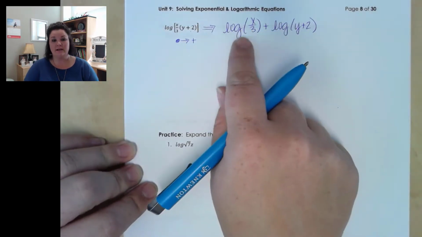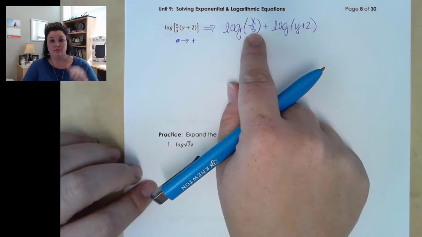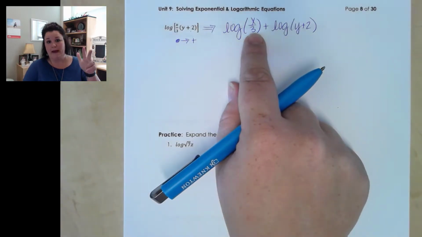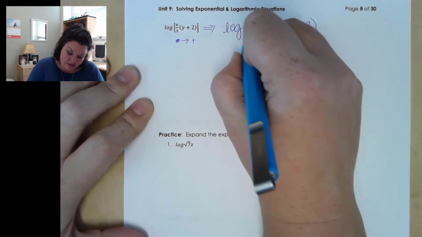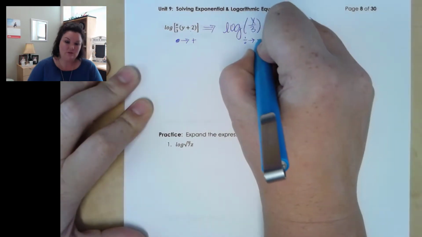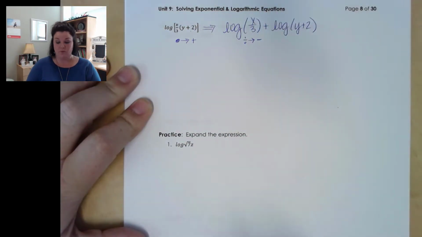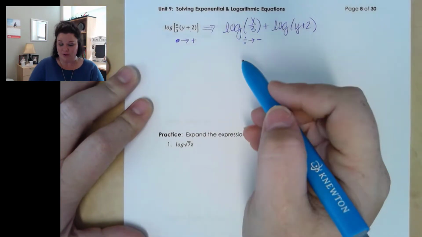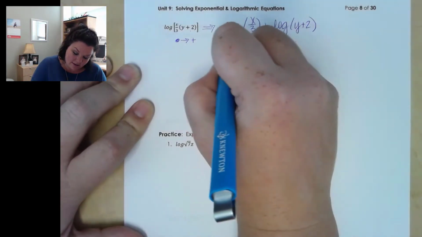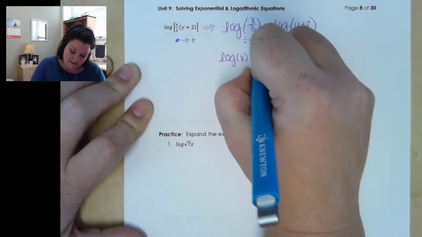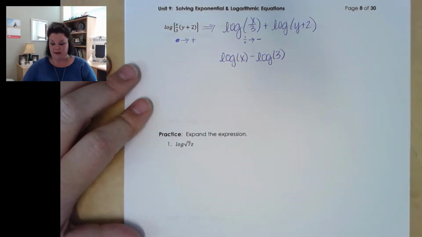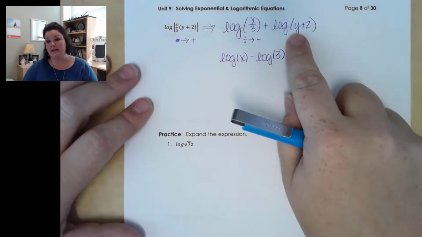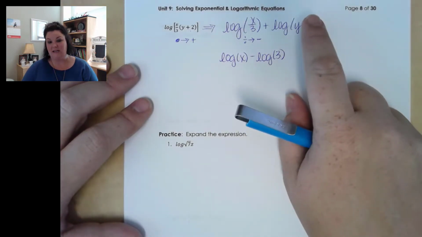So if I look at this first one, my inside value, I'm looking for a multiplication, a division, or a power. This one has a division, right? And division turns into subtraction. So I can rewrite this term as 2 log terms, log x minus log 3, right? And then my last term, if I look at simplifying it, it has an addition inside.